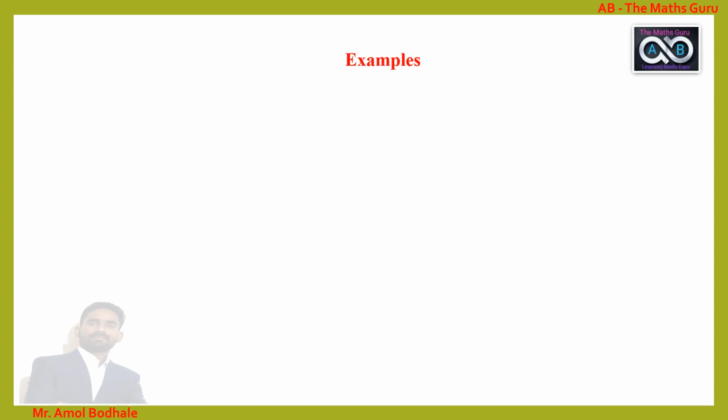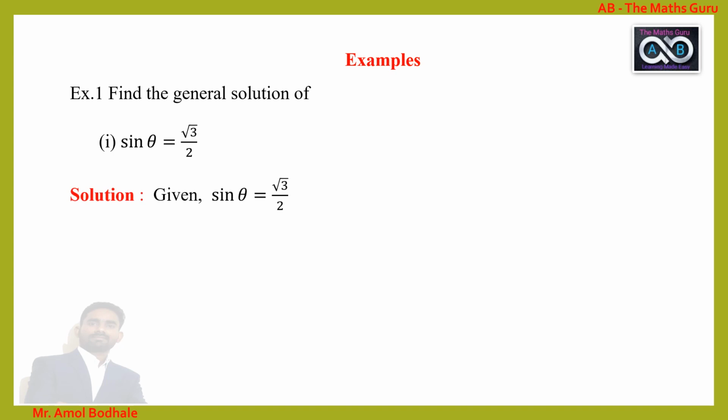Let's see the example. Find the general solution of sin theta equals root 3 by 2. So here given that sin theta equals root 3 by 2. Now for which angle is sin theta root 3 by 2? We know that sin of pi by 3 is root 3 by 2.